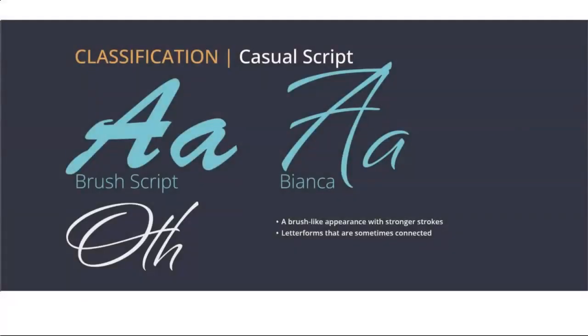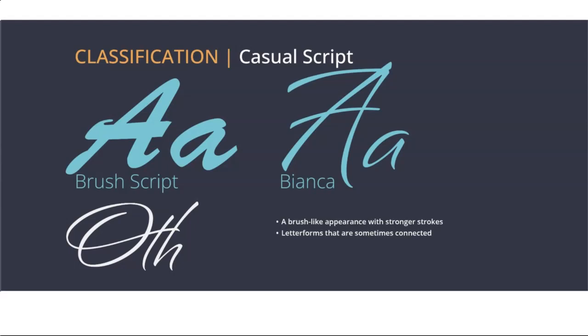Casual scripts. Now these have more of a brush-like appearance. Sometimes they're connected, sometimes they aren't. So in a more casual script, you can get away with increasing tracking, although you want to be a little bit leery about spacing those letters out too much, right? Because then it doesn't hold together and the eye can't really differentiate, and it makes it more difficult to read those letters.